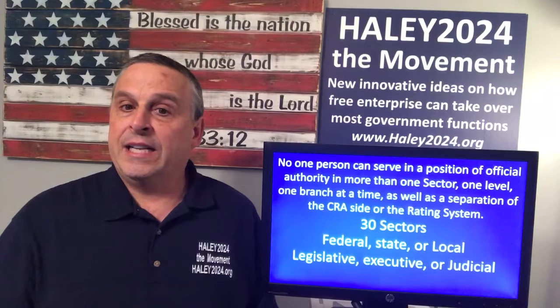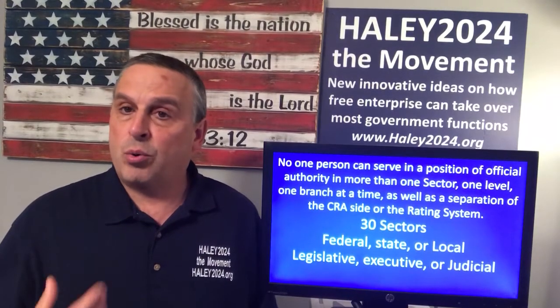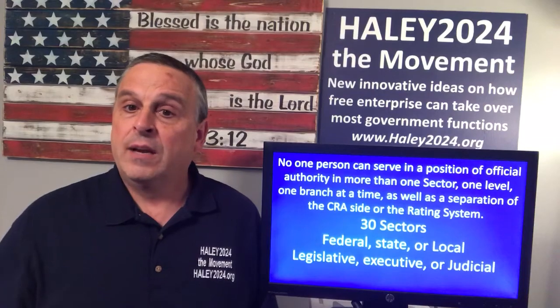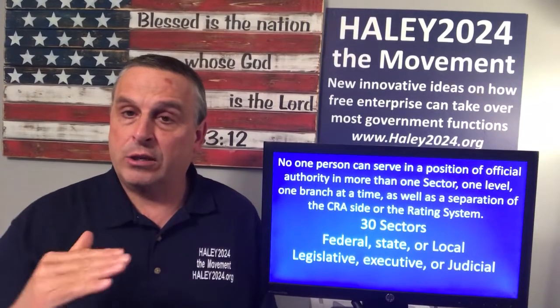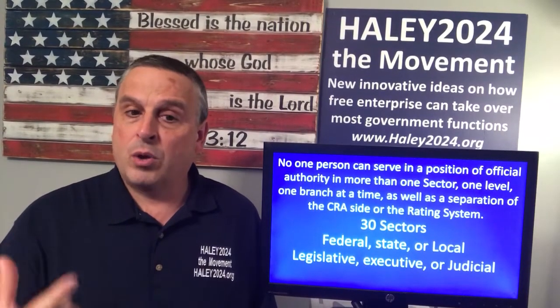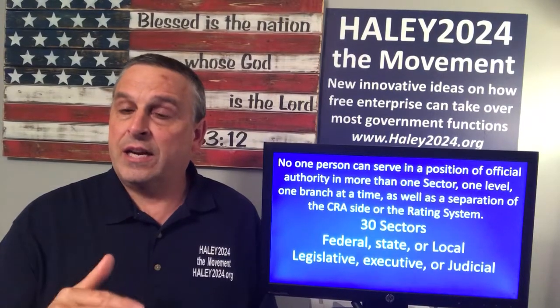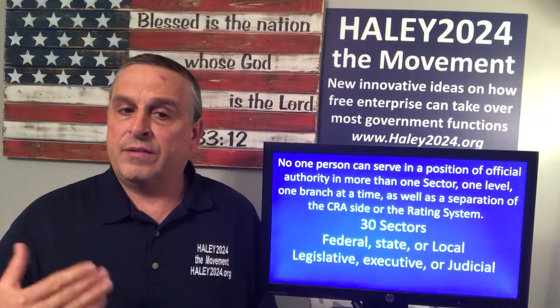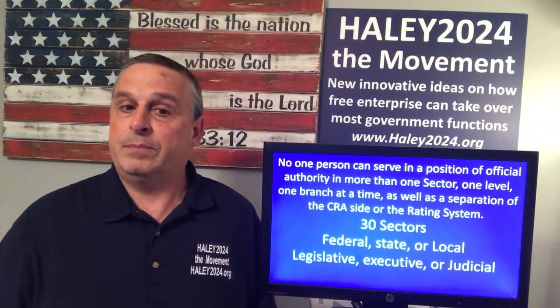Very important slide here. No one person can serve in a position of official authority in more than one sector, there's 30 of them, in more than one level, federal, state, or local, more than one branch, legislative, executive, or judicial, and as well as a separation of the CRA side and the rating system.